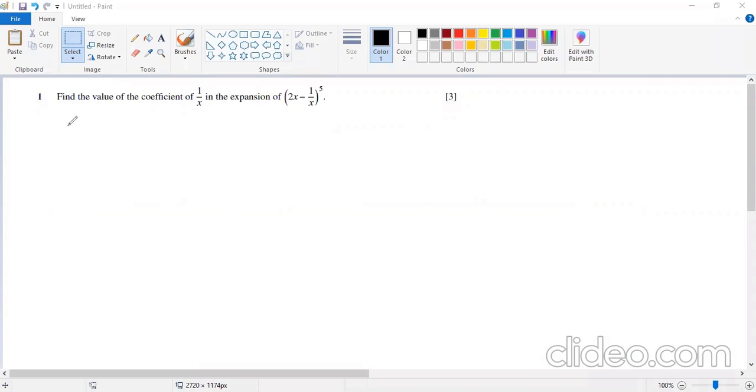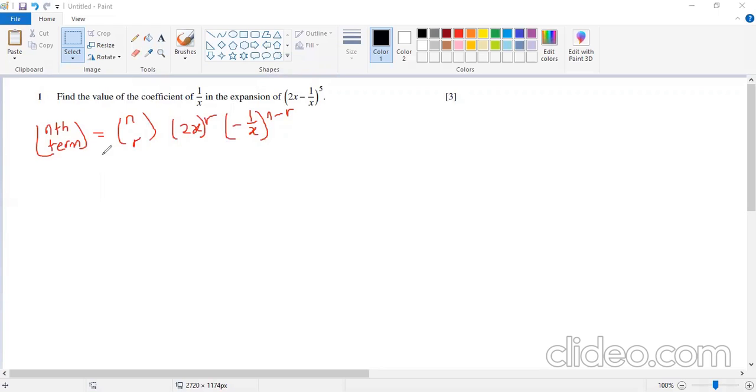So the general idea of the nth term is something like this. Let's say we say n choose r, and then 2x to the power of r, and then negative 1 over x to the power of n minus r. This can be interchanged.